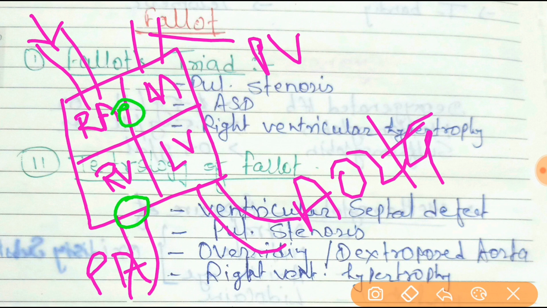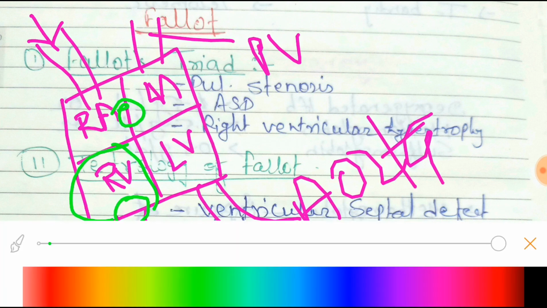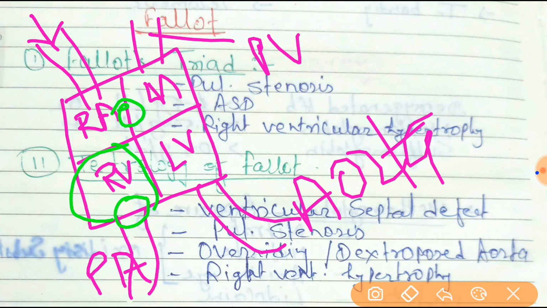Third one is right ventricular hypertrophy, that means it becomes bigger. So you can easily retain it by drawing a diagram like that. That means atrial septal defect, right ventricular hypertrophy, and pulmonary stenosis.